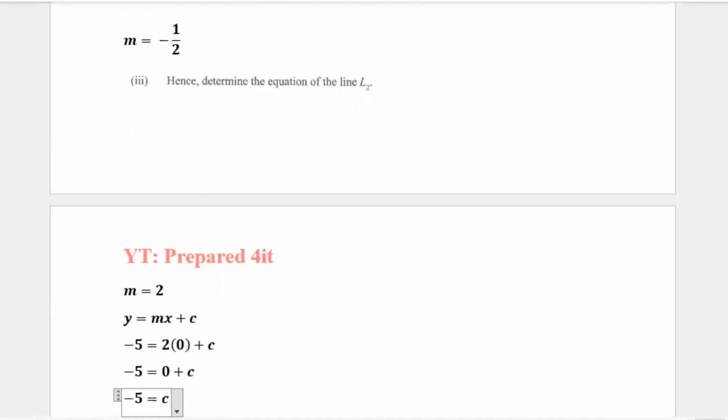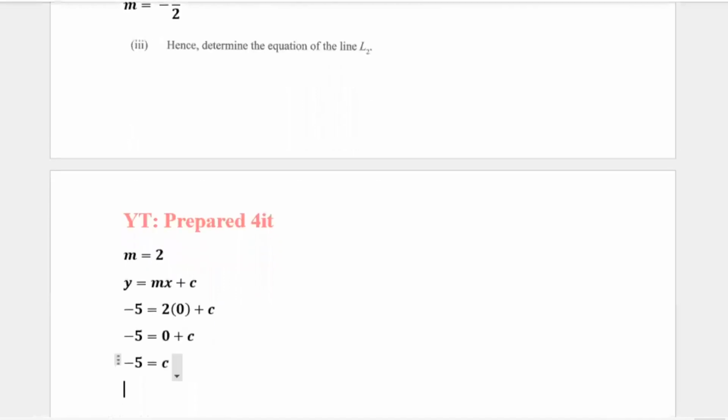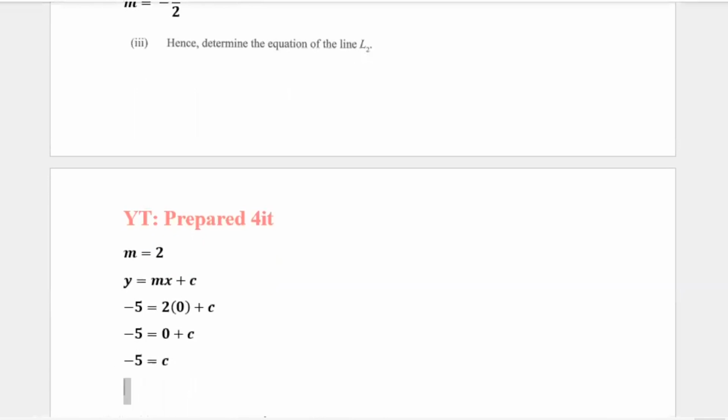We can now put this into the format of y is equal to mx plus c. So y is equal to our gradient of 2 multiplied by x, minus 5. And that is our answer: y is equal to 2x minus 5.